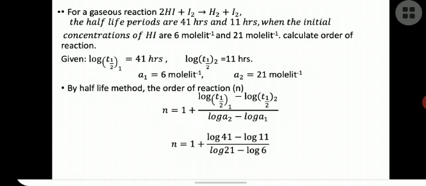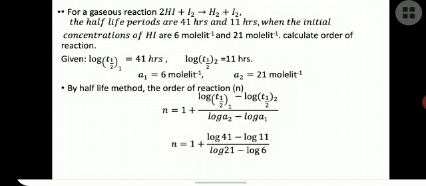Now by half-life method, the order of reaction can be calculated by using the formula n is equal to 1 plus log of T half 1 minus log of T half 2 divided by log of A2 minus log of A1.